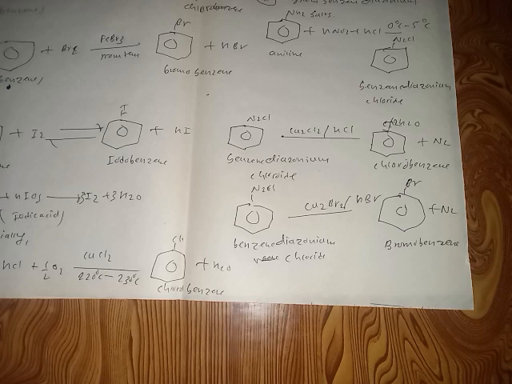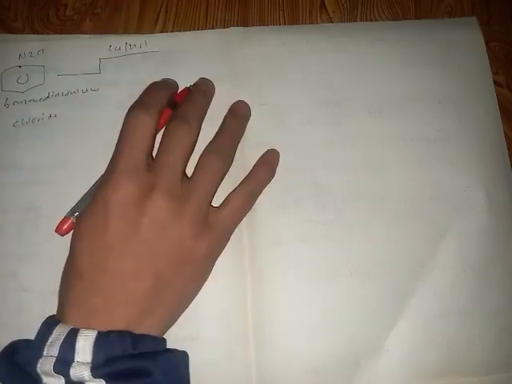And then another reaction we can write down. The name of this compound is benzene diazonium chloride, and cupric chloride, copper in HCl acidic medium, warm.